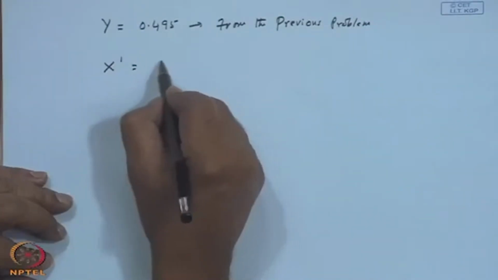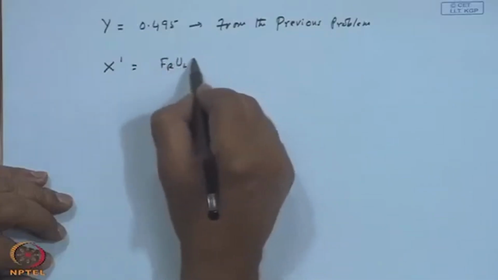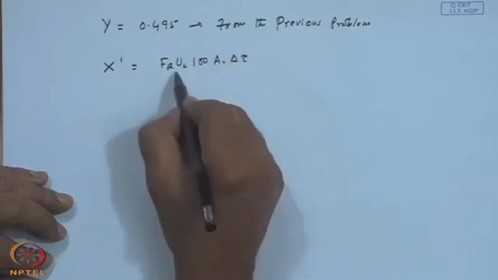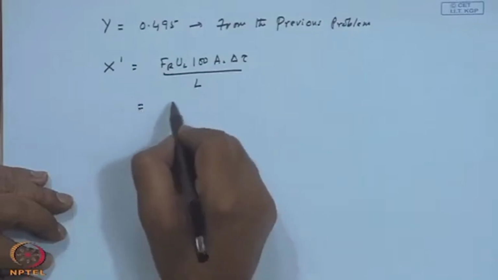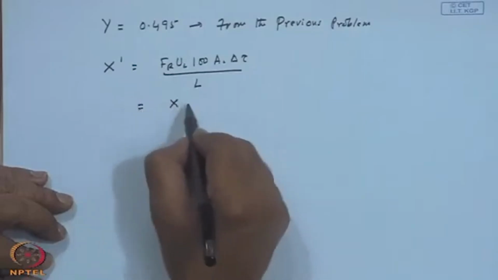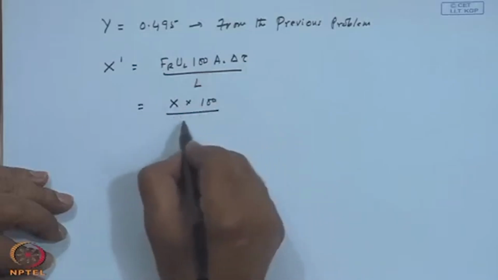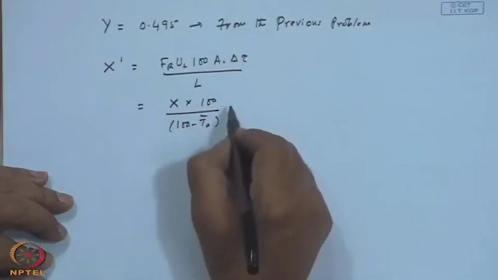You can write of course as F_R U_L into 100 into A_c into delta tau by L, which will turn out to be our previous x multiplied by 100 by 100 minus T A bar, because x contains this 100 minus T A bar.